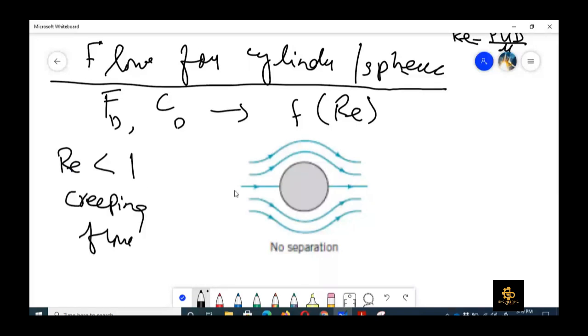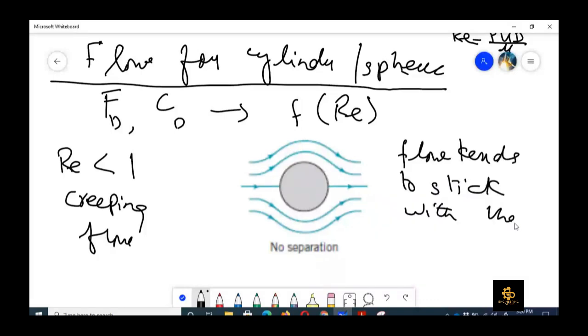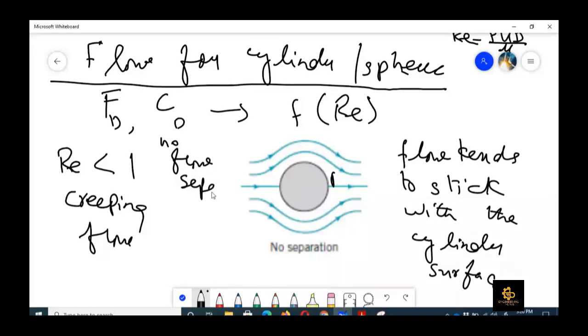So when the flow velocity is less, the flow tends to stick with the cylinder surface. When the flow is going to stick with the cylinder surface, it means that there is no flow separation at the back end.